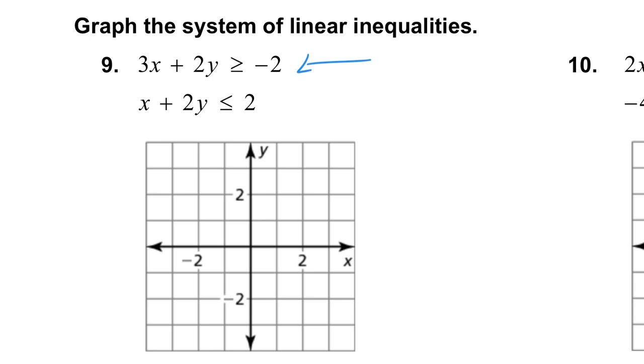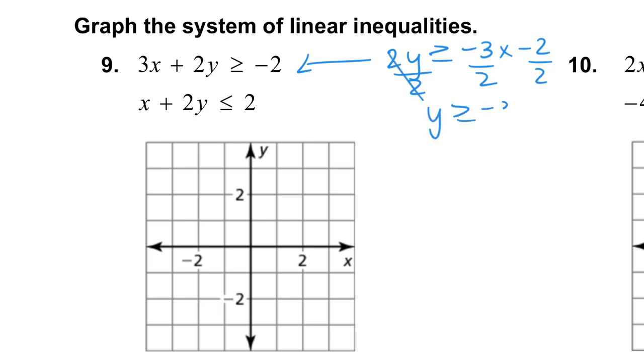So I will have 2y is greater than or equal to negative 3x minus 2. Divide by 2 because I cannot have a number in front of my variable. I'm left with y is greater than or equal to negative 3/2 x minus 1.